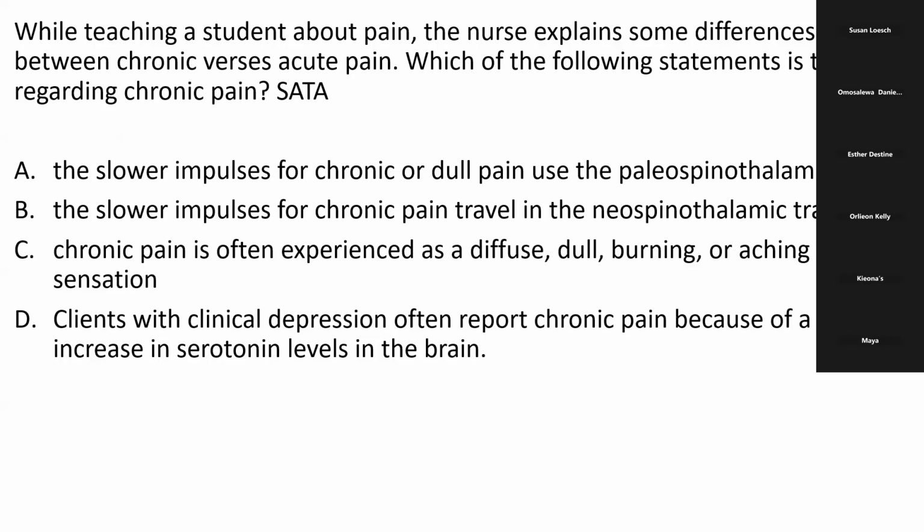Okay, why is D wrong? Remember serotonin? We talked about it in chapter 14. It would be a reduction, and reduced serotonin leads to depression. So watch your words. If the whole statement isn't true, don't pick it.